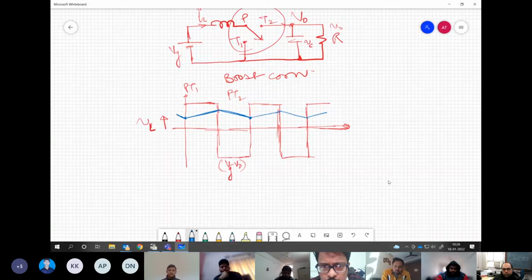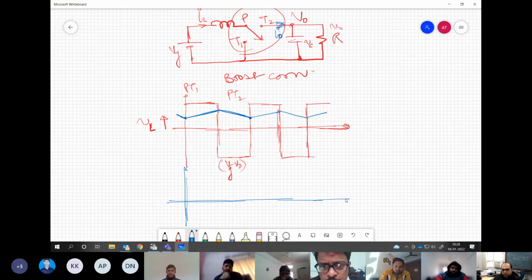Now if I ask you, what is this IO flowing into the system? Because that will decide the capacitor voltage, load voltage, and everything. When PT1 is connected, what is the load current flowing? Zero.